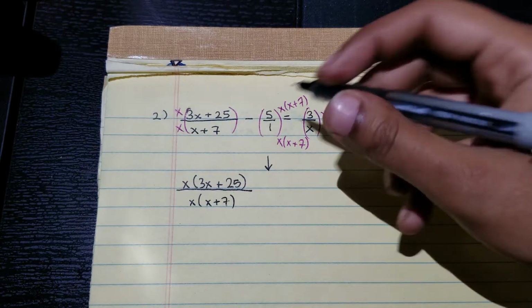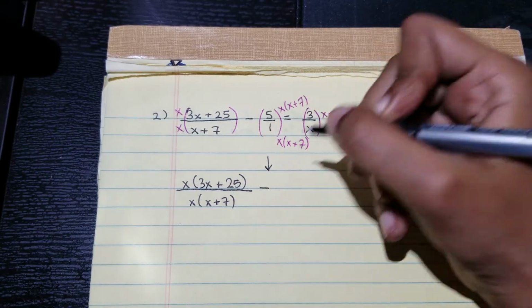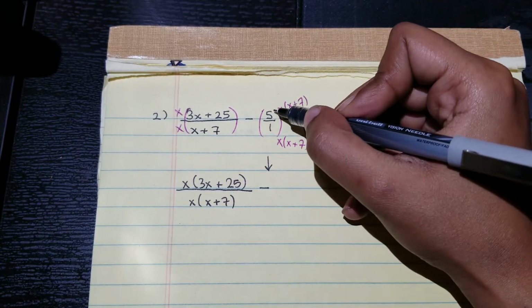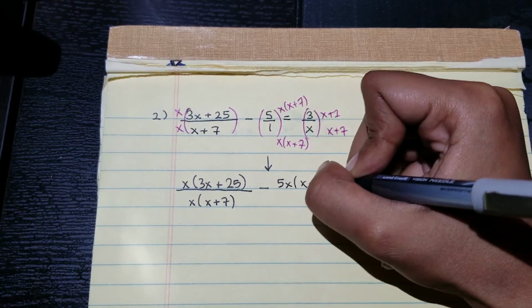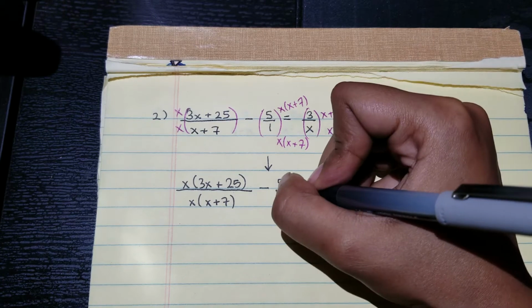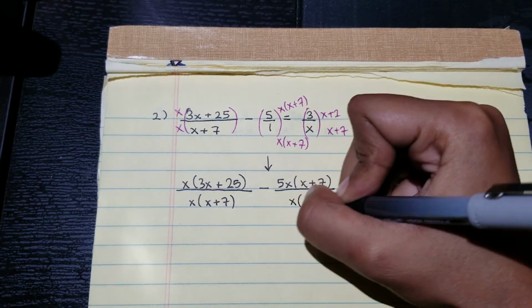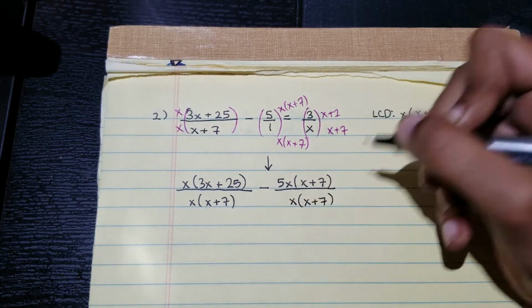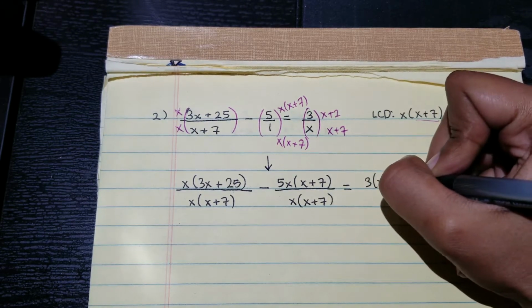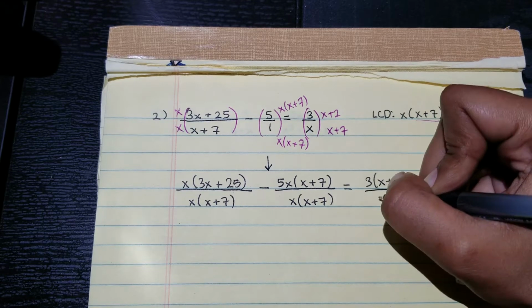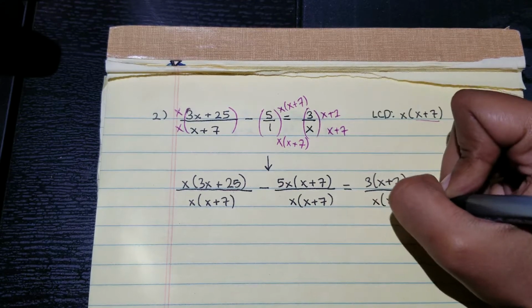So be a bit conscious of when you need to distribute and when not to. This is going to be 5 times x, and then left over with the x plus 7, and then x over there, and this equals 3x plus 7 over x plus 7.